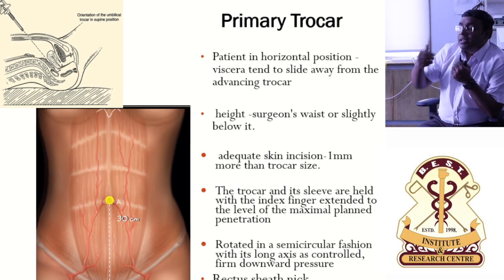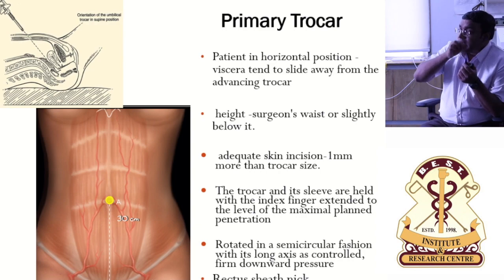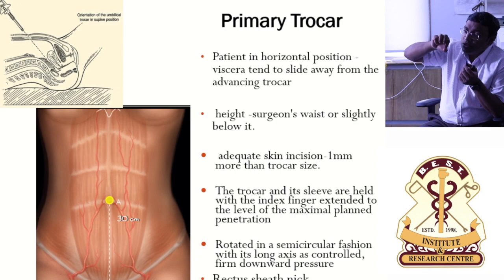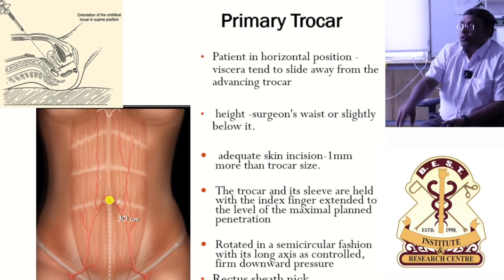It's a pyramidal tip trocar which has sharp edges at the pyramid angles. So that will actually cut the muscles and slightly split. Your semi-rotatory movement will make way for the muscles to give way for your trocar to enter.